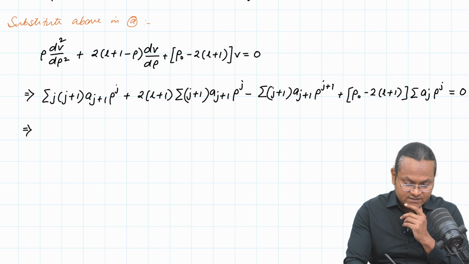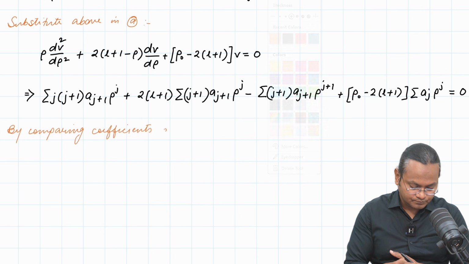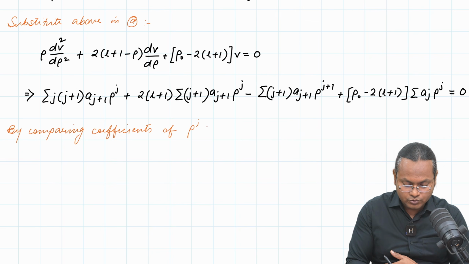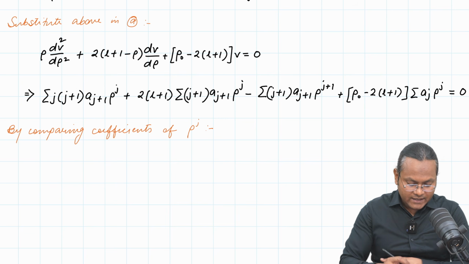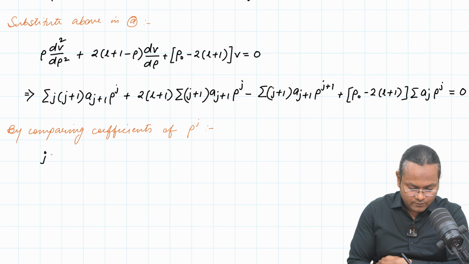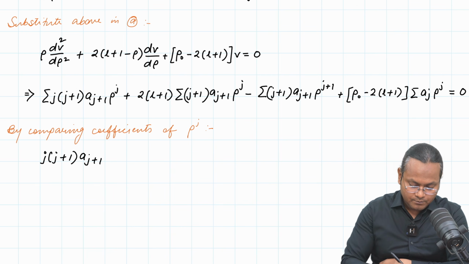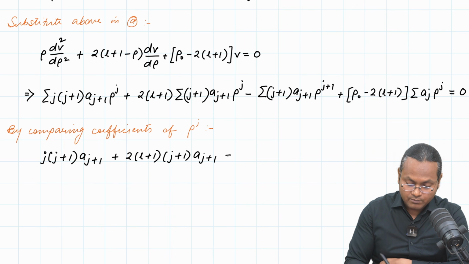So by comparing the series terms and their coefficients of rho to the power j, we will get something like j into (j plus 1) a_(j plus 1), and then you have plus 2L plus 1 times (j plus 1) a_(j plus 1) minus.